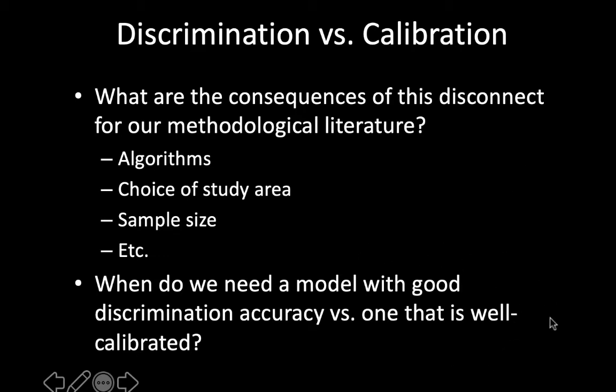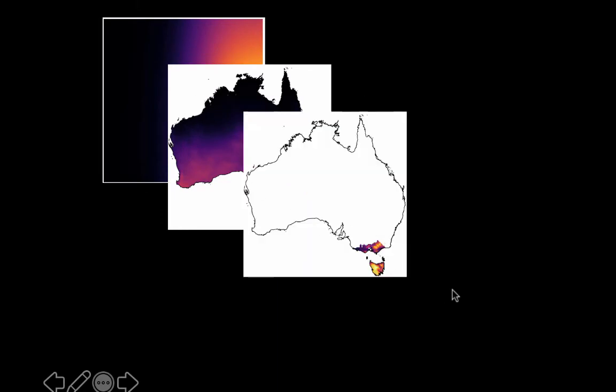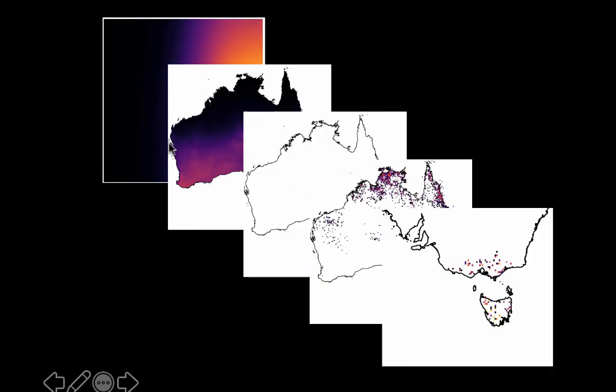And let's think for a minute, under what conditions do we need a model with good discrimination accuracy versus one that is well calibrated? And under what conditions are we trying to see at which of these different levels of the processes that generate our data? I said that in kind of a weird way, but you'll understand what I meant in a second. So we've got a fundamental niche. We've got all these other processes that we talked about: what habitat's available in the real world, where are species' actual ranges, spatial sampling bias, biotic interactions, all that sort of stuff.